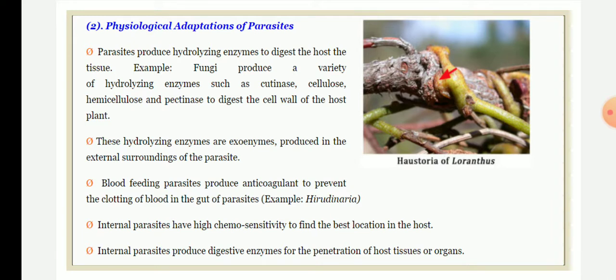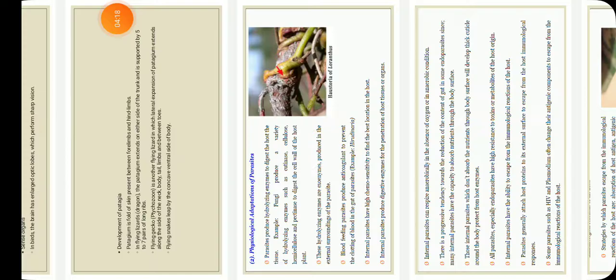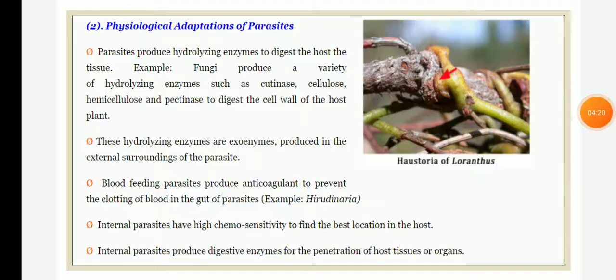Next they have trophic organs, which are the organs concerned with nutrition. In parasites, they derive fully digested and partially digested nutrition from the host's body.